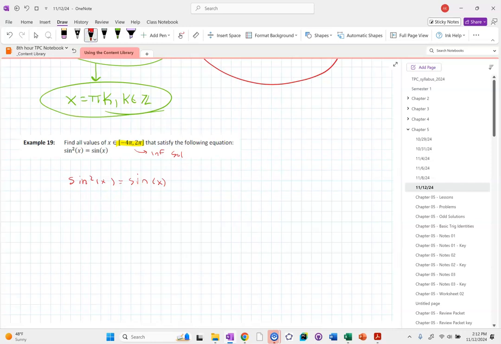Does that make it harder or easier? Makes it easier not having the constant term there. Okay? Why does it make it easier? Because now I can just factor using a least common multiple. So I'll just subtract the sine x over.